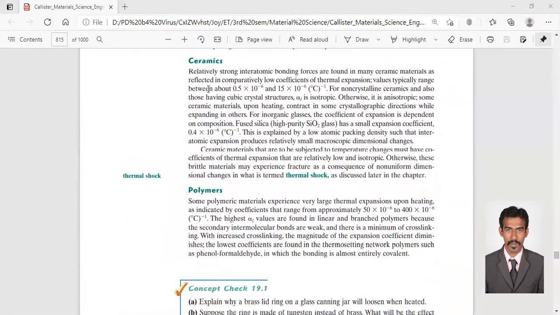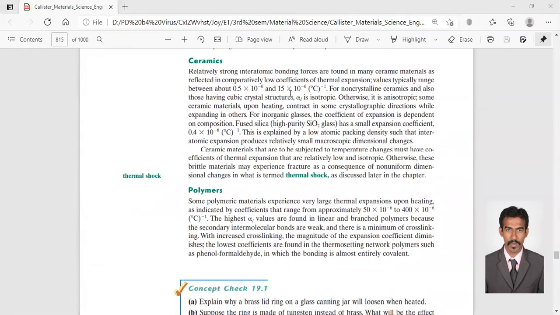Okay, ceramics. Relatively strong interatomic bonding forces are found in many ceramic materials, as reflected in comparatively low coefficients of thermal expansion. So here the interatomic bonding is strong, giving a low coefficient of thermal expansion, right? Typically they range between 0.5 to 15.